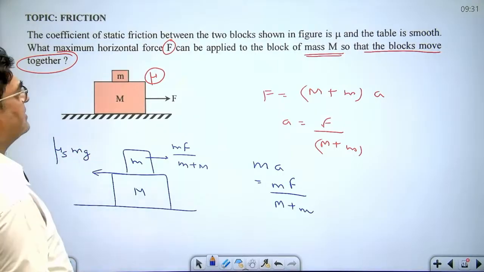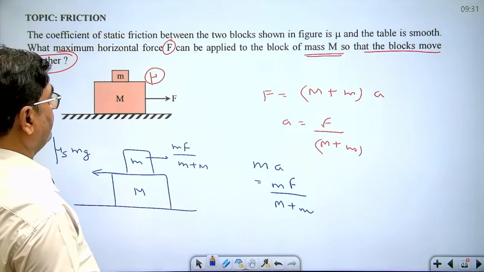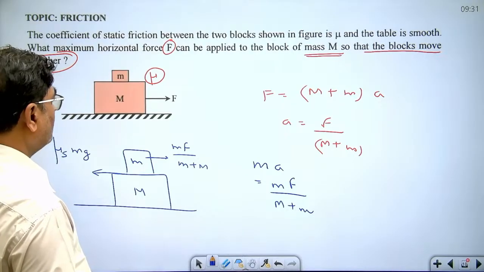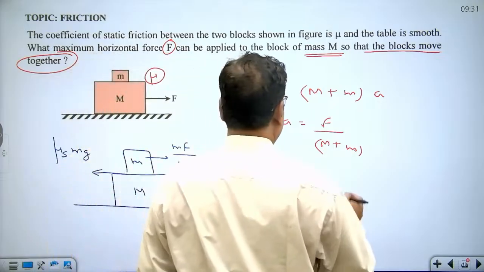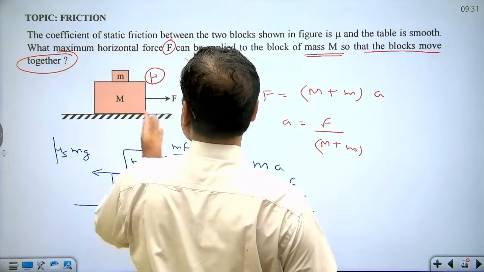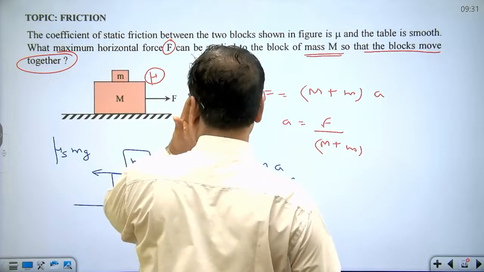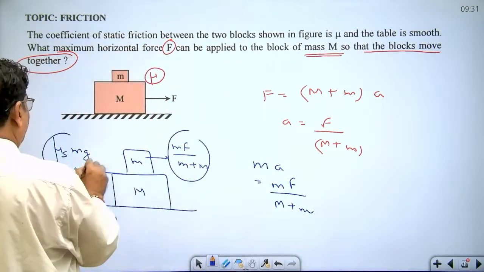So what is being asked? The value of F. So F can easily be determined. What maximum horizontal force? This mF upon M plus m should be equal to mu s mg.